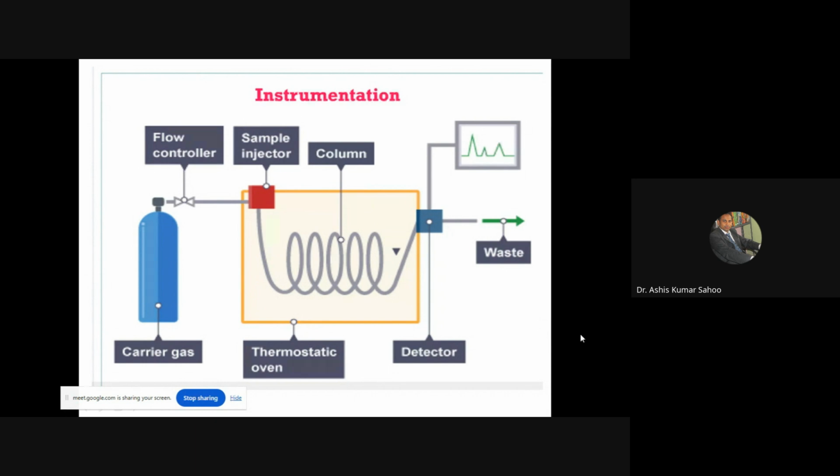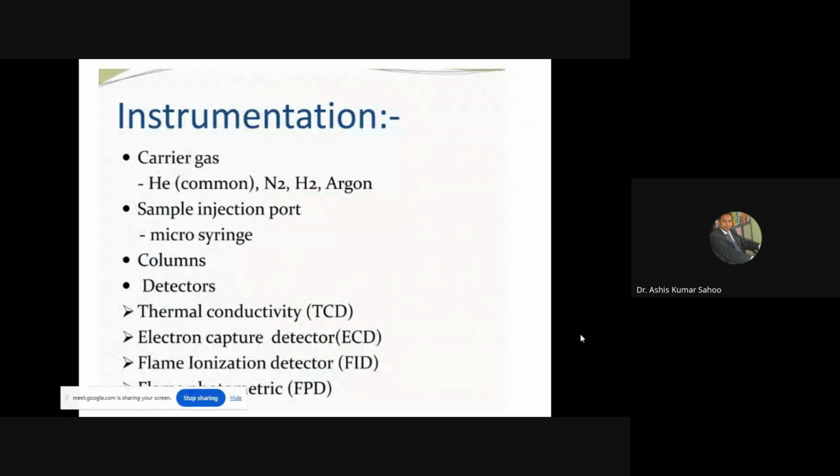This is the well-known instrumentation of gas chromatography. Your cylinder will be given, a gas control will be given, and you can inject the sample from the injection port.